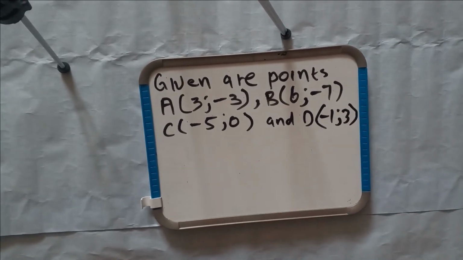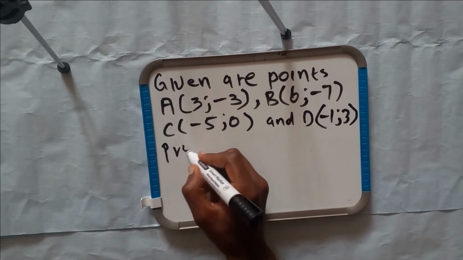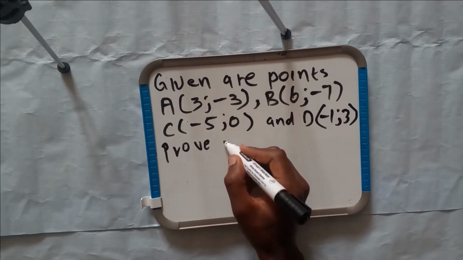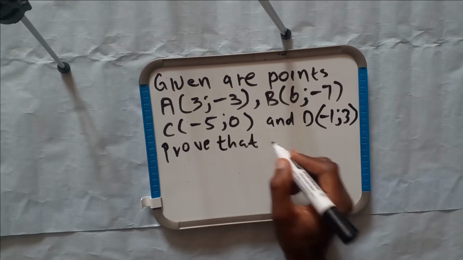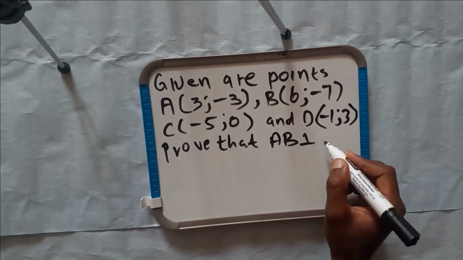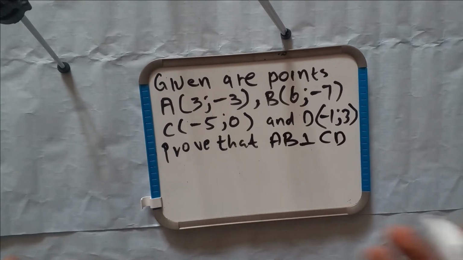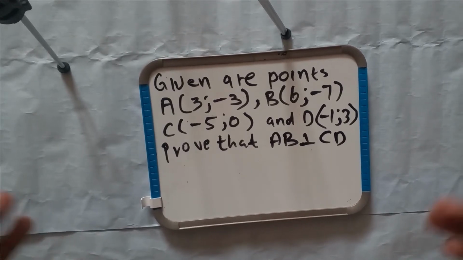So here we are required to prove that AB is perpendicular to CD. Right, as we mentioned earlier, the product of those particular lines' gradients must give you -1.